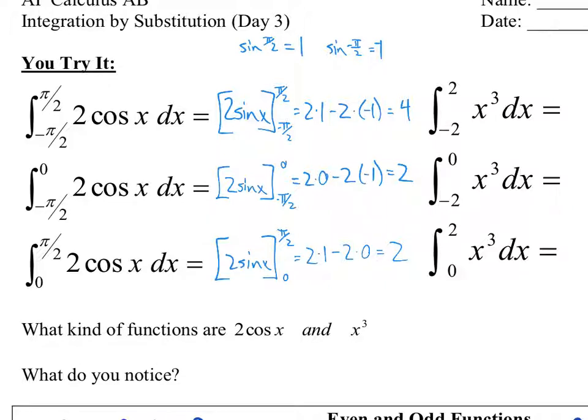So if we go half of the interval, we ended up getting half of the area. And the reason that is because, yes, 2 cosine is an even function. All right, what kind of function is 2 cosine? It is even. All right, so it got split into 2 equal halves.